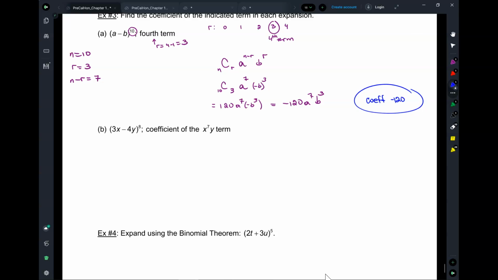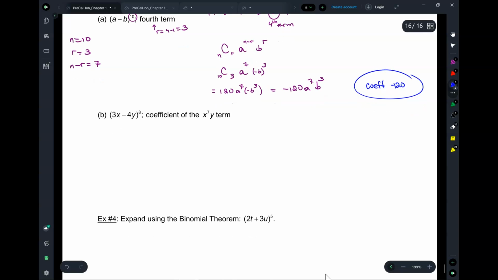And also if it was, let's say, x plus 2y, then you'll also have 2 to the power of 3, so you'll have a different number. Like this one here. Now we want the coefficient of the x to the 7y term. You're given this question in a different way.